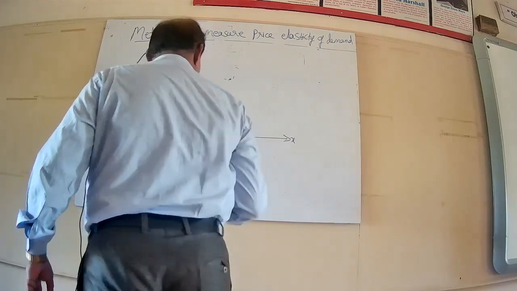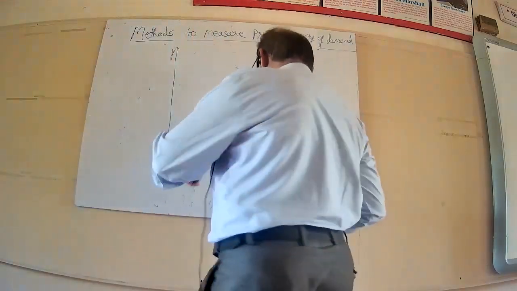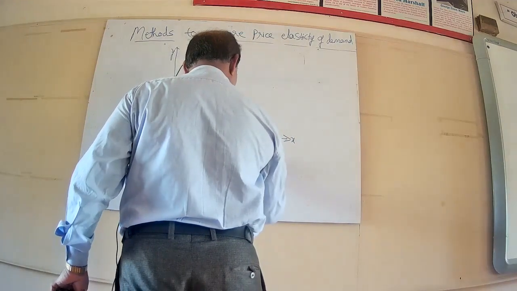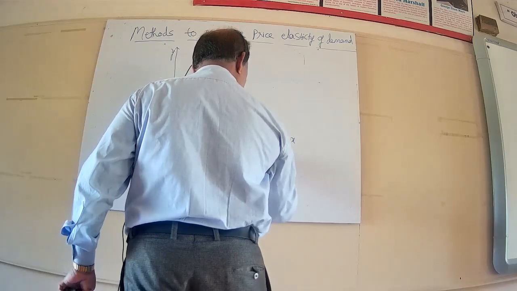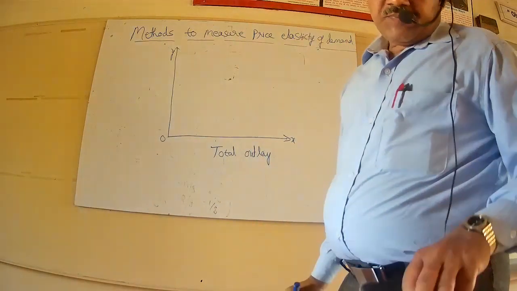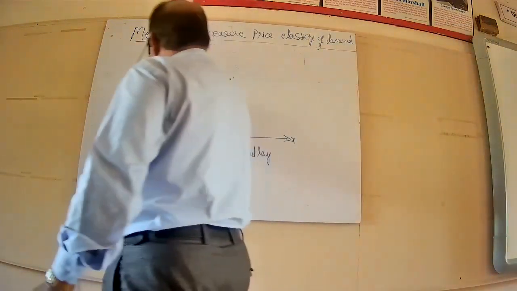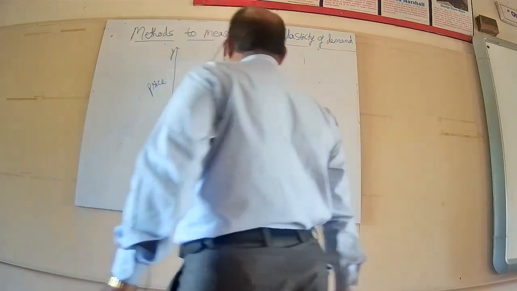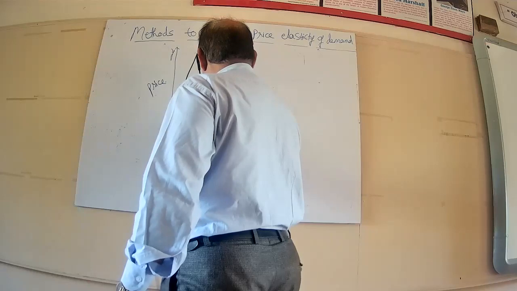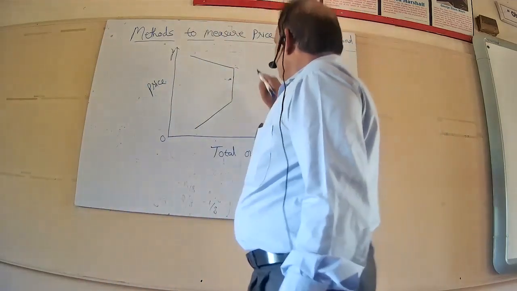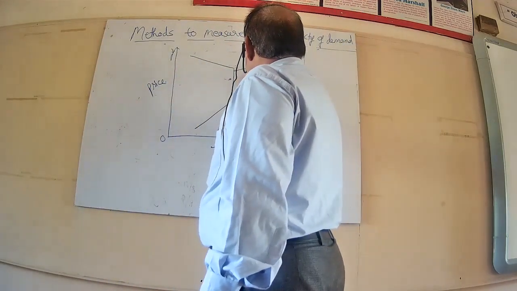Quantity or total outlay, let us measure total outlay on the x-axis and price on the y-axis. Total outlay curve is like this. So this is total outlay curve.